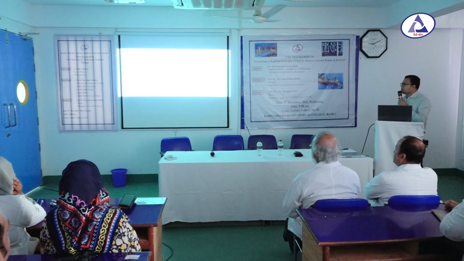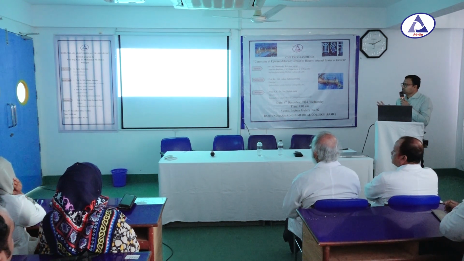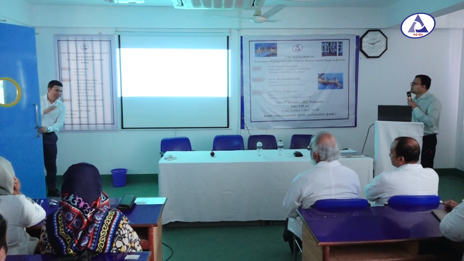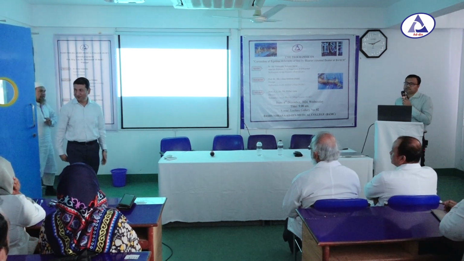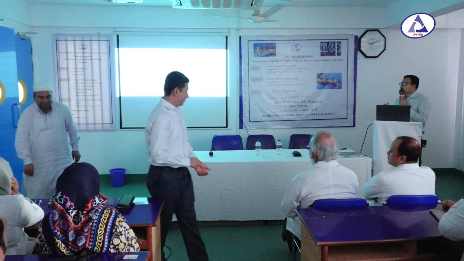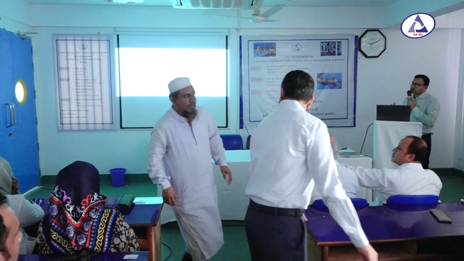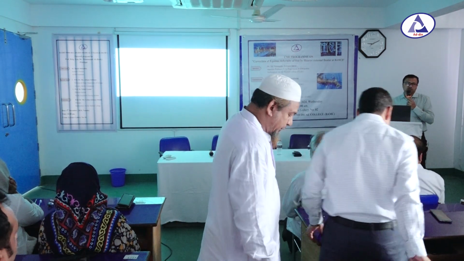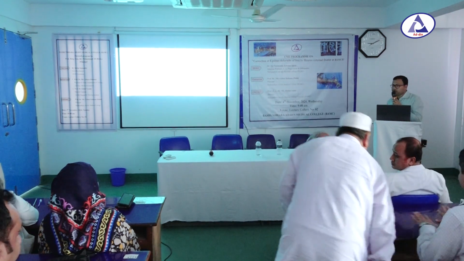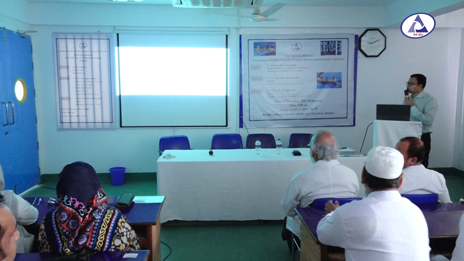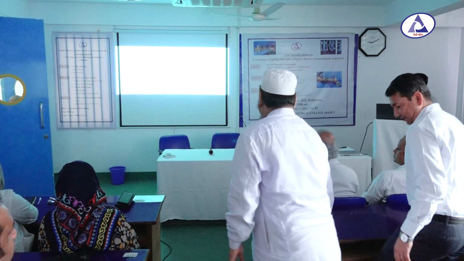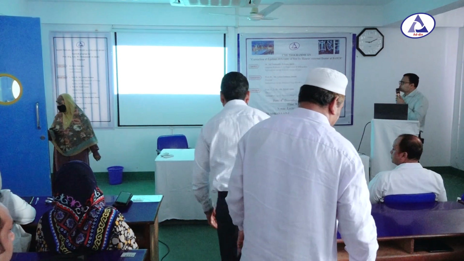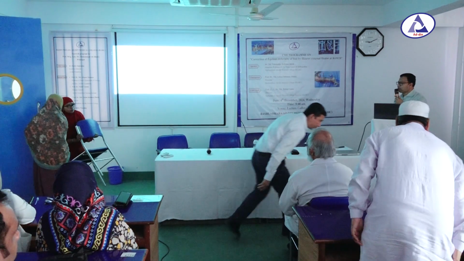If you classify this Equinus deformity, basically it is of two types: one is congenital and another is acquired. The congenital deformity is usually associated with other congenital deformities like congenital talipes equinovarus, congenital vertical talus, or congenital hallux valgus deformity.